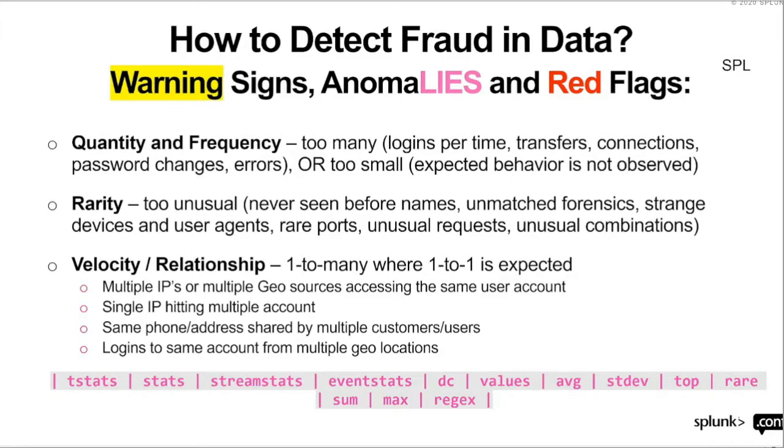First, with Splunk analyzing the data, we can detect suspicious metrics such as quantity or frequency, like too many logins per certain time frame, too many connections, too many password changes, or too many accesses from a single IP to multiple user accounts. Or the opposite, a single IP trying to hit multiple user accounts within a short period of time, which also could signify malicious attempts.